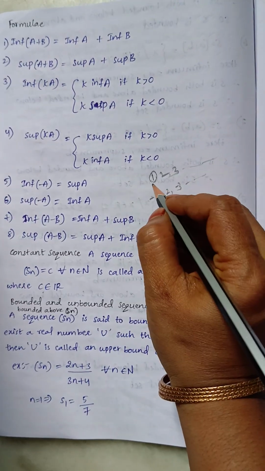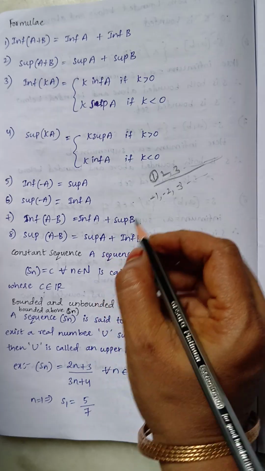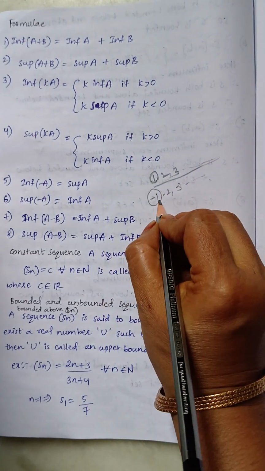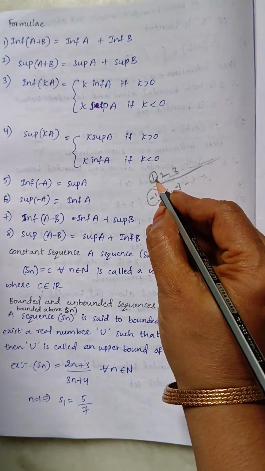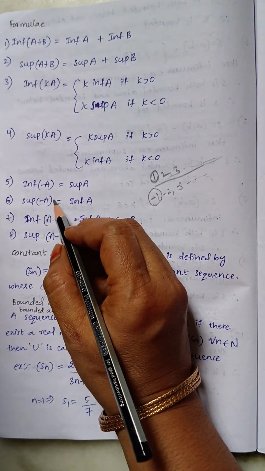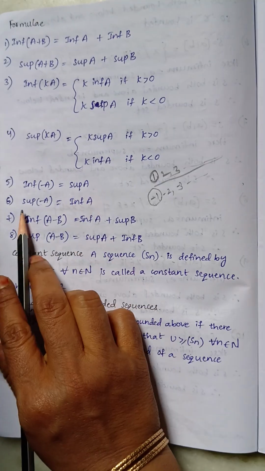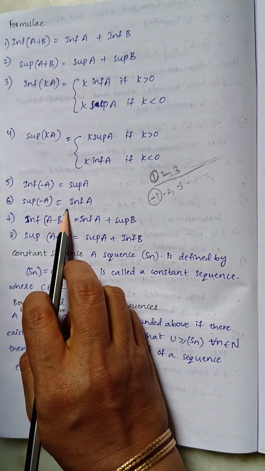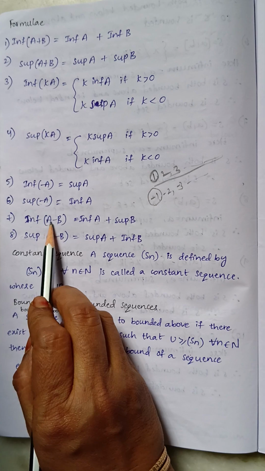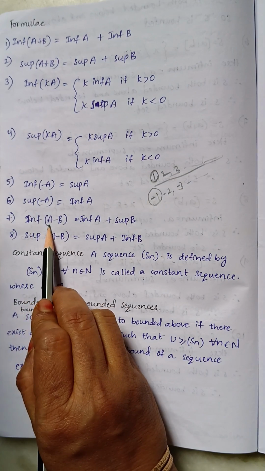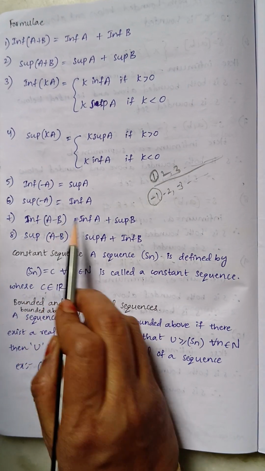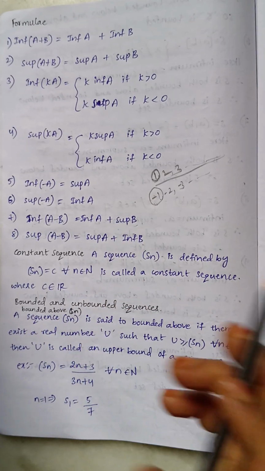This is the least value out of all, whereas this is the greatest value out of all. So infimum will become supremum when you are taking minus of the values. That's why infimum of minus A is equal to supremum of A, and supremum of minus A equals infimum of A. Similarly, infimum of A minus B is infimum of A minus supremum of B. Similarly for this one.